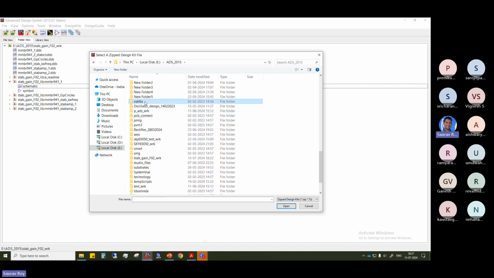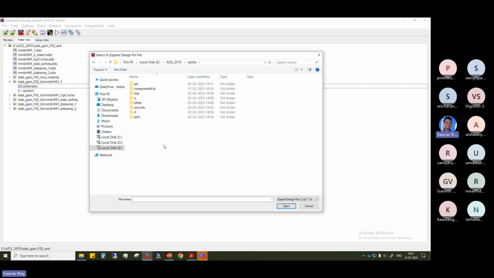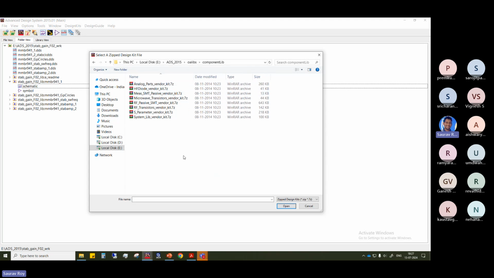Sorry. Inside these design kits, you go inside OA libs. So here you see there will be a lot of components. Okay. In this component lib, you see a lot of zip files. Not only transistors, you can see there are passive SMT vendor, microwave transistor, high frequency diodes, and a lot of different components. Even some system components are also there. So you guys, just look into this and play with this. But for now, what is needed is the microwave transistors and RF transistors.